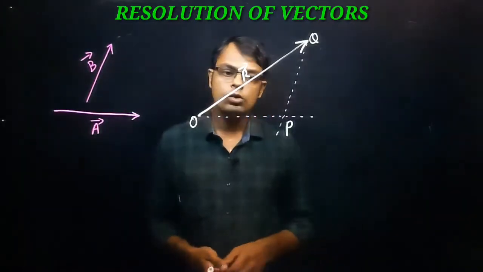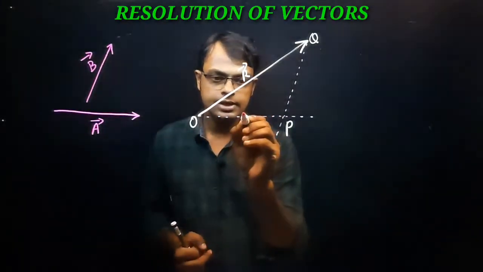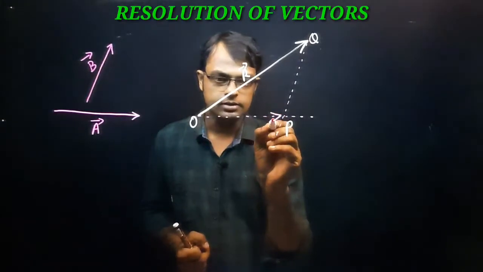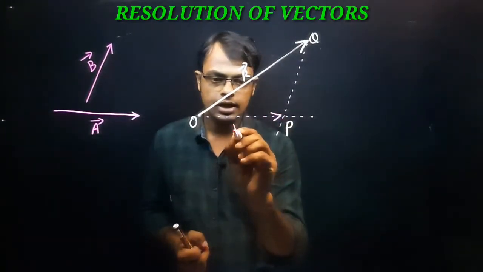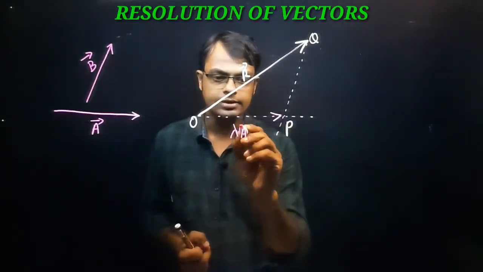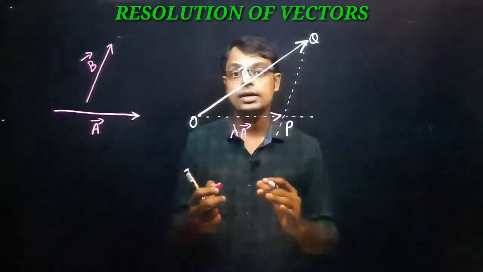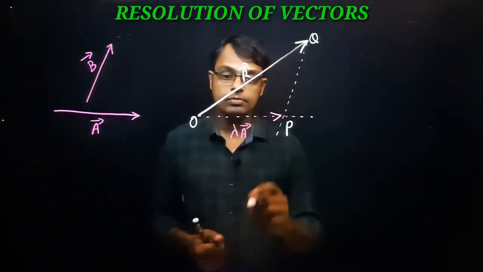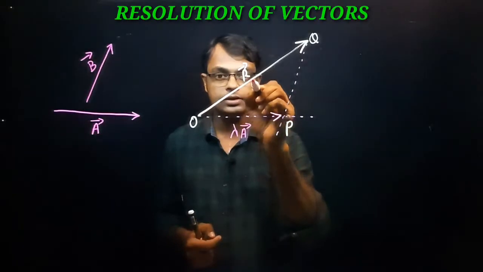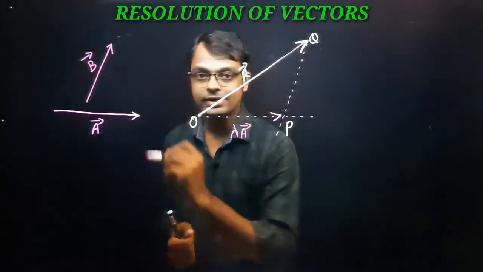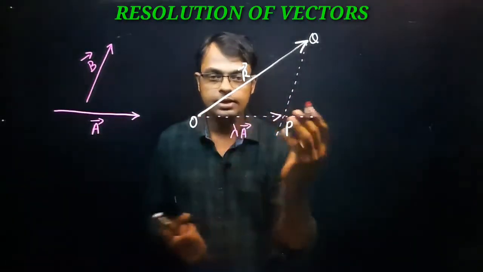Now we can write this as a vector; we can consider this as lambda times A vector. That means we are resolving this R vector in the direction of the given vector A. So this may be any magnitude.